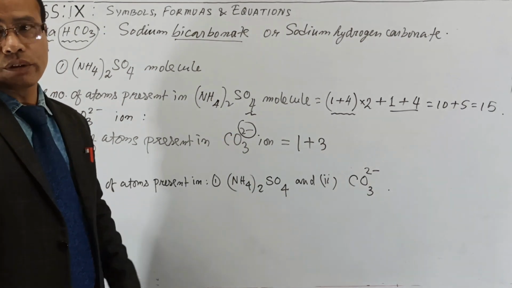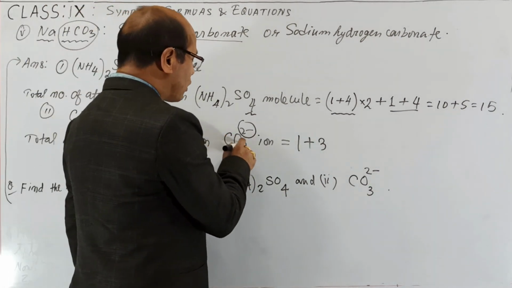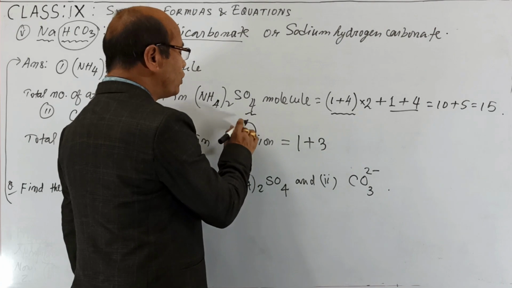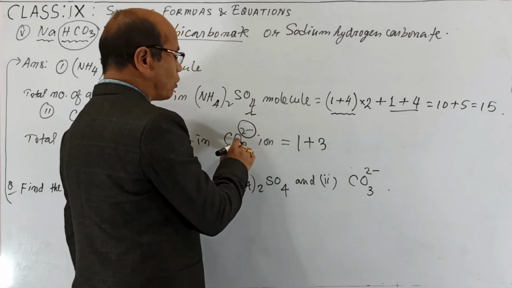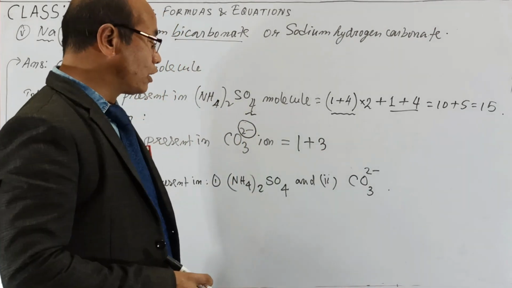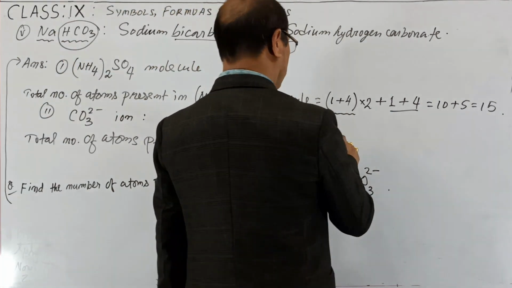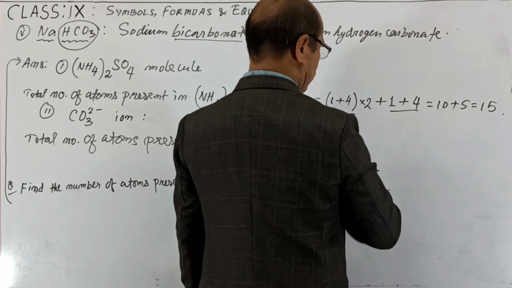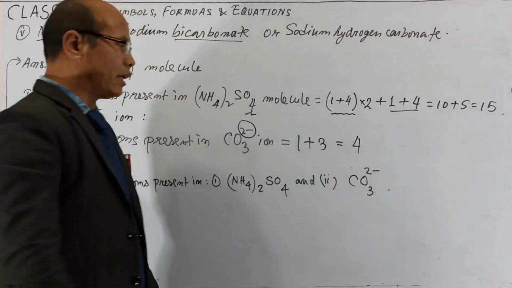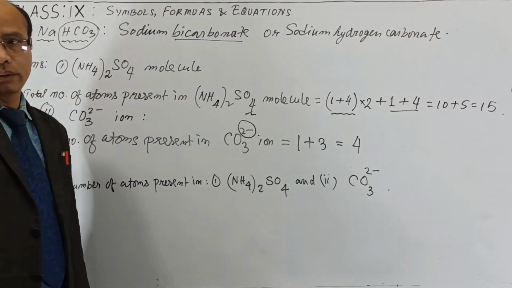So we are not going to count it. We have to count up to this only, because this 2 negative means the total charge of 1 carbonate ion. For finding the total number of atoms, it is not necessary. Therefore, how much did you get? 4. So in 1 carbonate ion, there are 4 atoms.